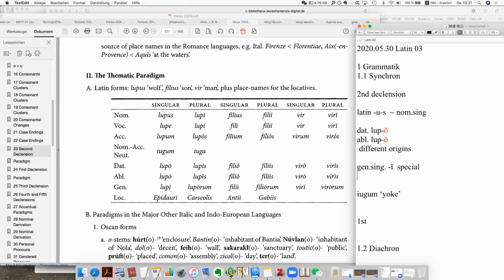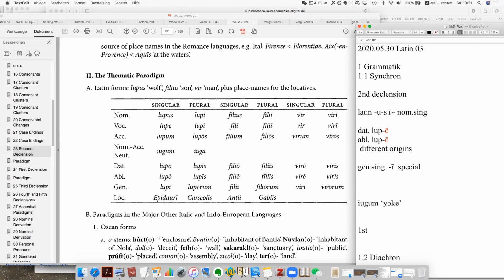And if you learn Greek, you of course know another important thing: the second declension in U actually comes from the original O declension. So that's why in Greek it's also in O, of course.